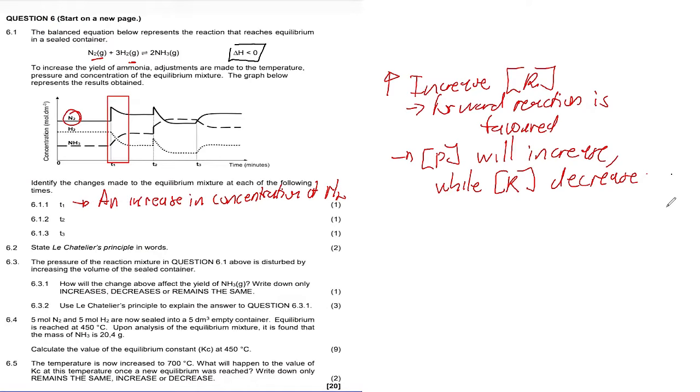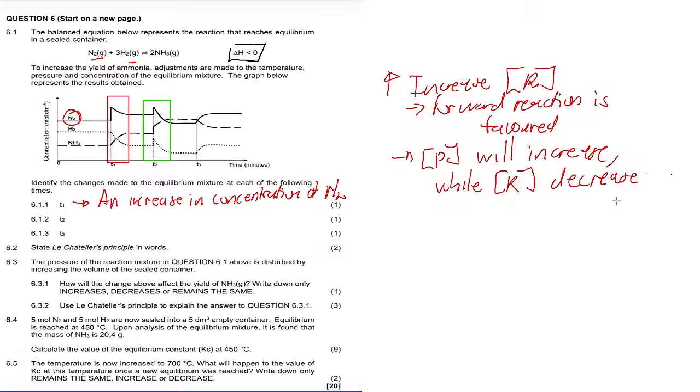Now let's continue and look at the effect that was done at T2, right? Now looking at T2, we can see that for all the substances, there's a spike up. So there's a spike up in NH3, there's a spike up in H2, and there's a spike up in N2.